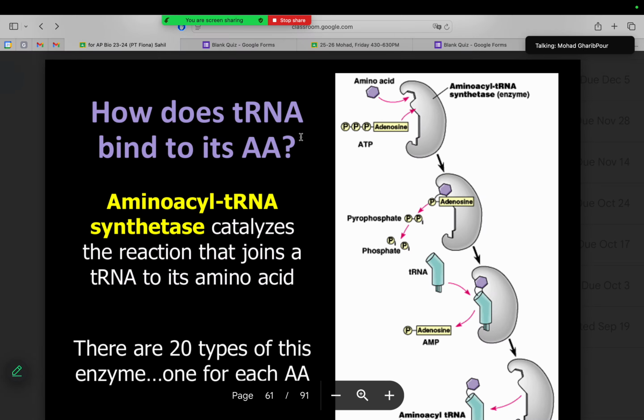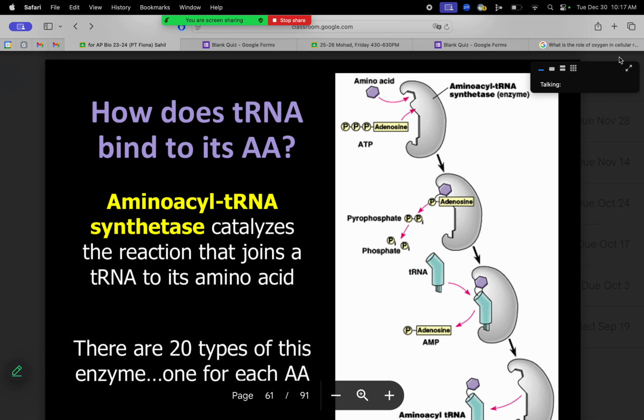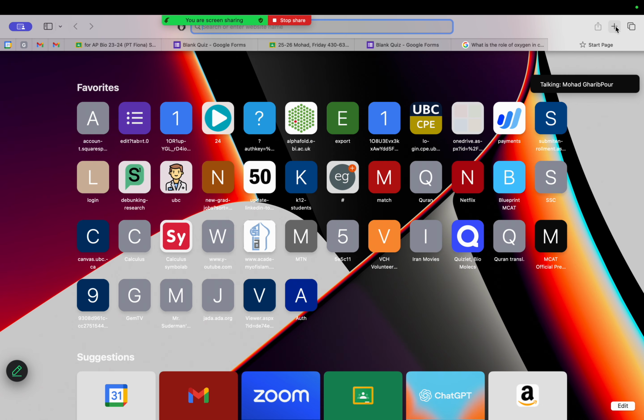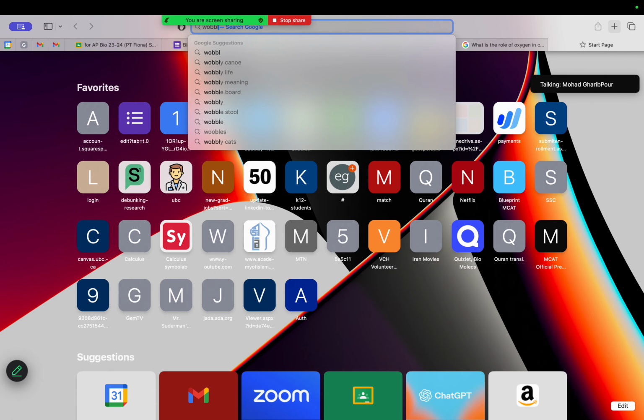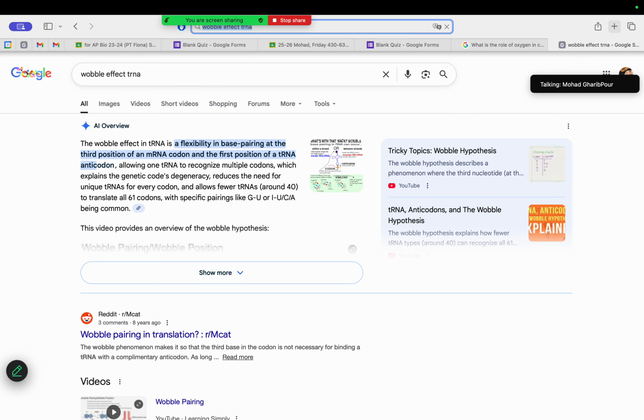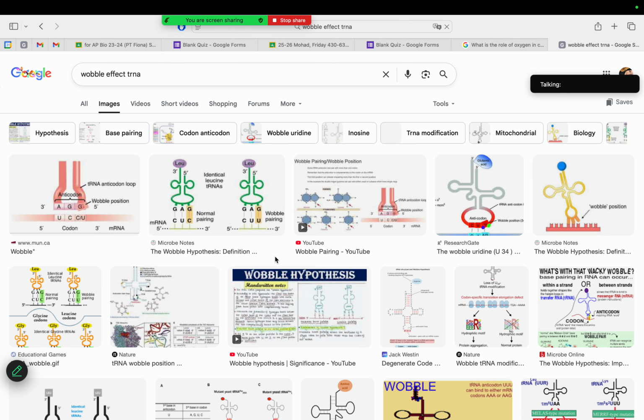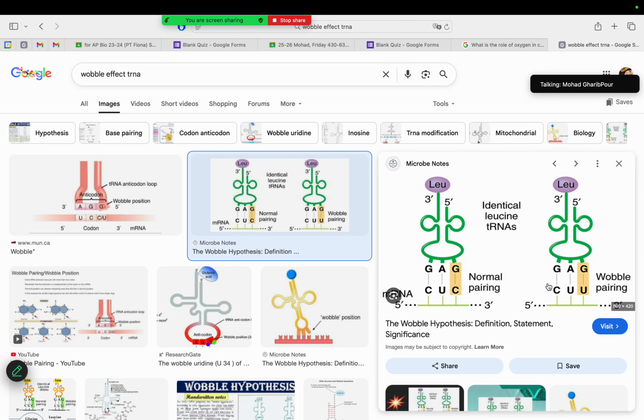Let me see if I can pull up a diagram for this wobble effect. Yeah, so you see this?